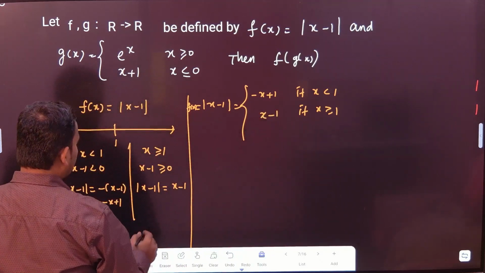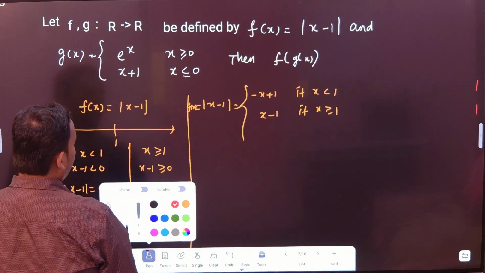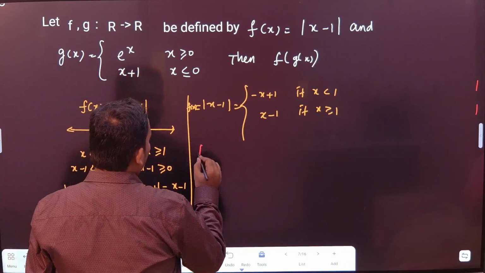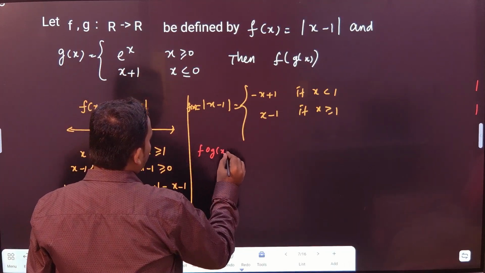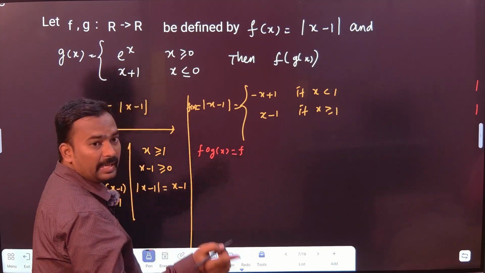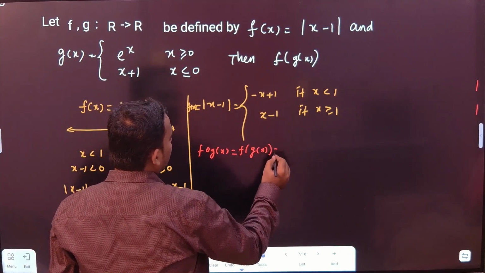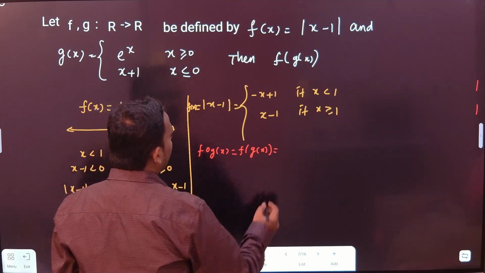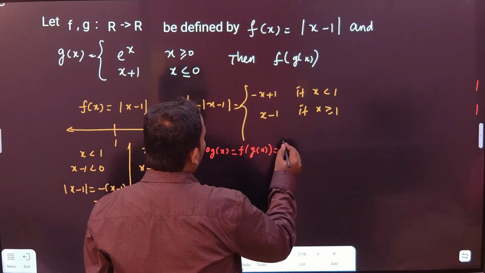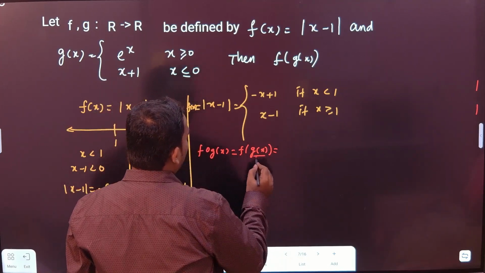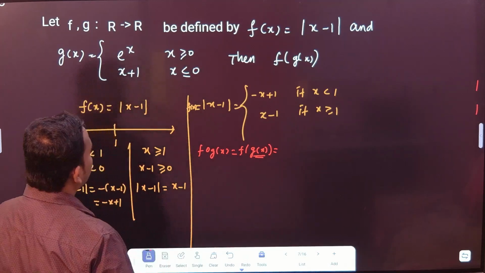What is actually required? f composition g of x. That means you apply f on g, right? So what we get here is just to replace x by g of x in f of x.